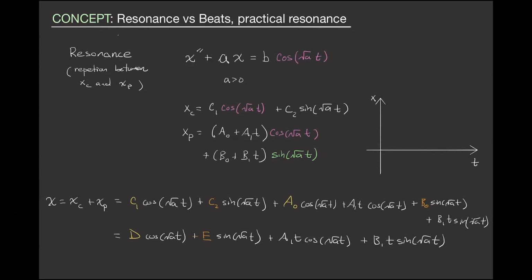But as t increases, let's say t is 1,000,000. Now you have 1,000,000 times these amplitudes. Let's say, just for the moment, they're just 1. So you have 1,000,000 amplitude times this cosine and sine, which is totally going to dwarf this. So sometimes these latter terms will play a big role, sometimes not. In the beginning they will not, but then later on they will. And I'll graph in a second what this amounts to.